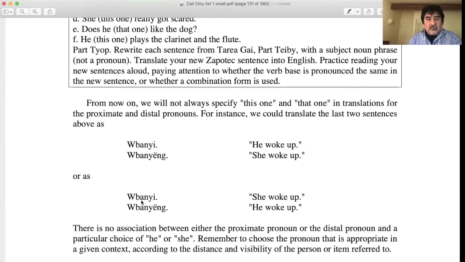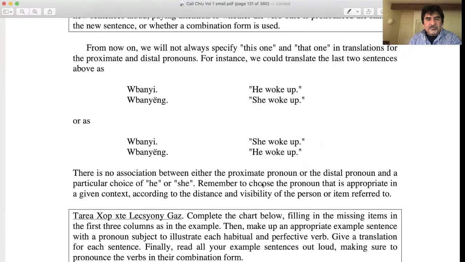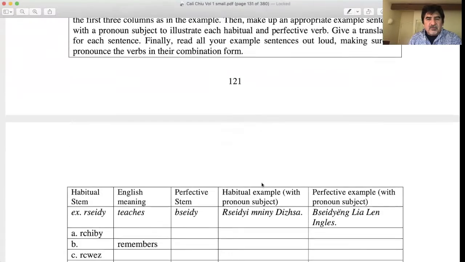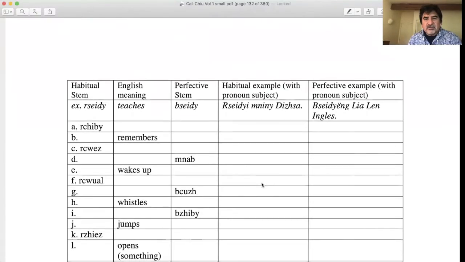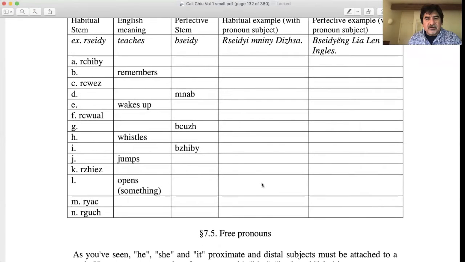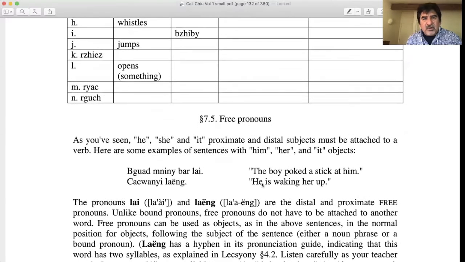So either way, since we don't have gender, it can be either she or he. Okay, and then this is a table that you need to go over, and then hopefully you can fill out the blanks.